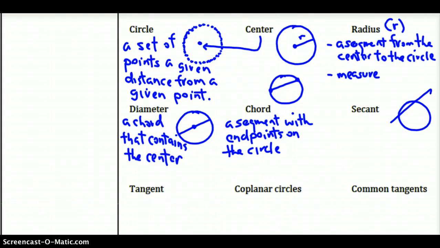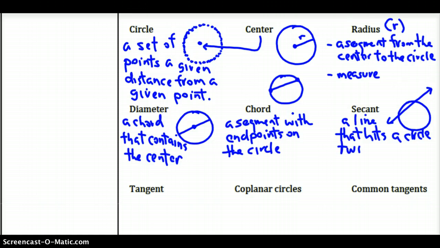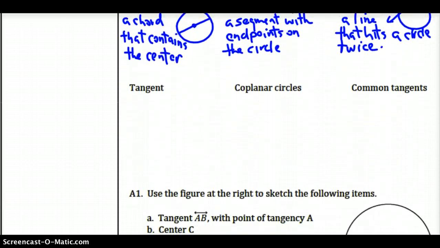Here's our circle, here's a secant. So a secant is a line that hits a circle twice. Alrighty, moving on here, a few left.